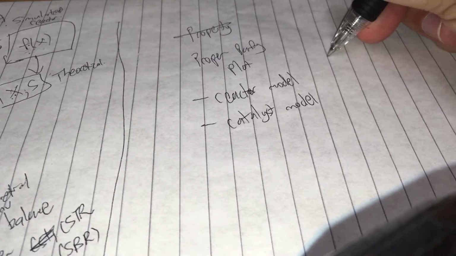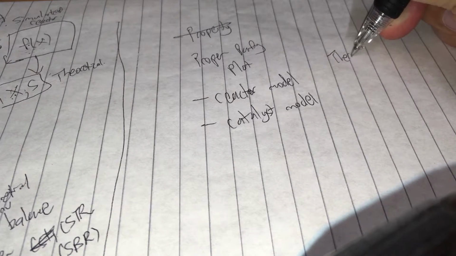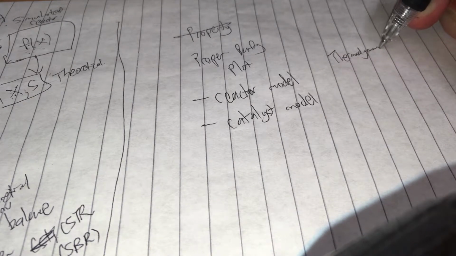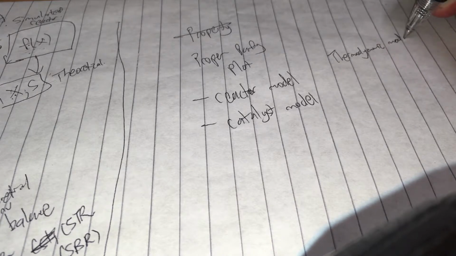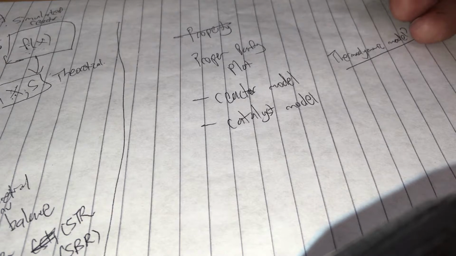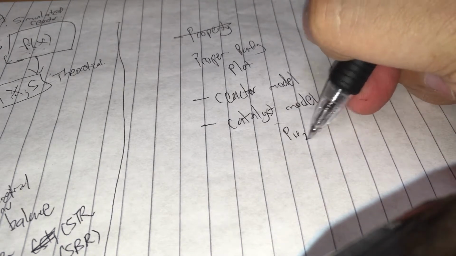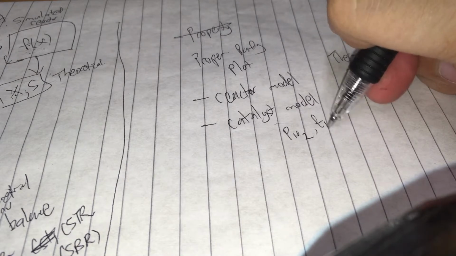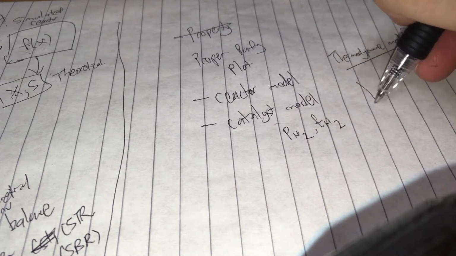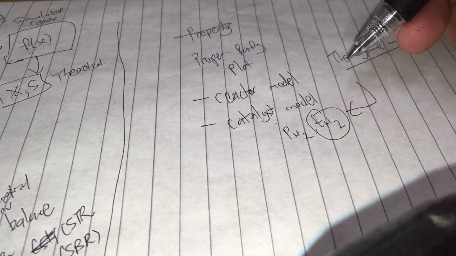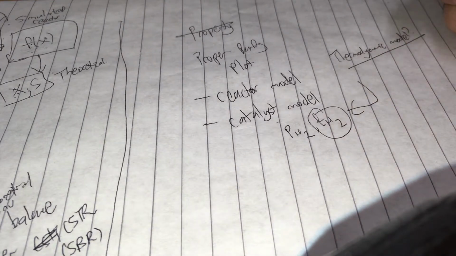Now, why do you need a thermodynamic model? Well, let's say your catalyst model depends on partial pressures or fugacities. The thermodynamic model will help you to determine what these fugacities or partial pressures are, based on the feed input.